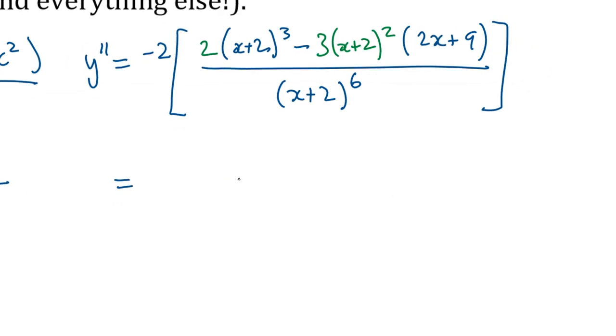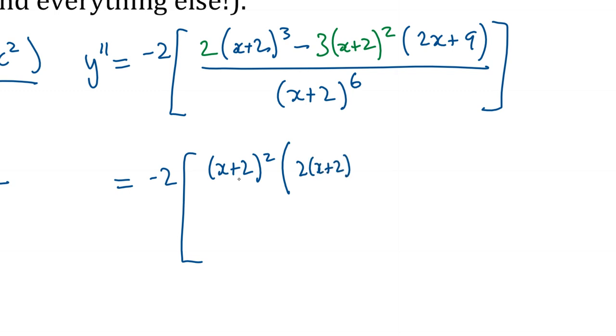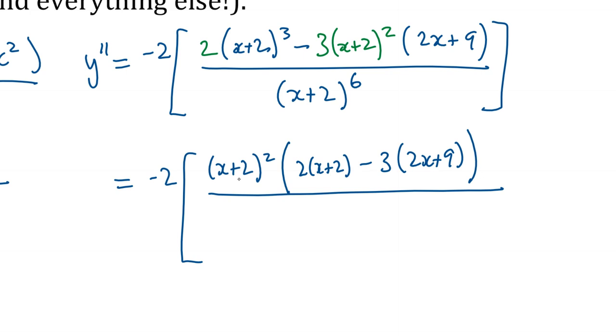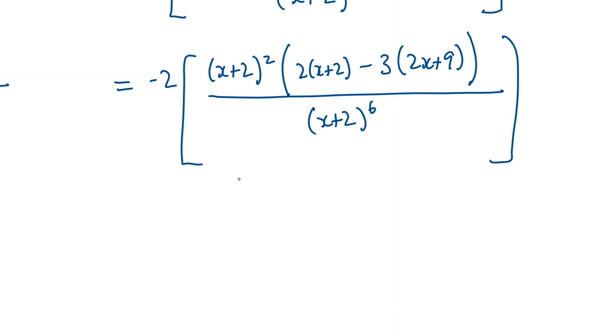So all I can factor out is x plus 2 squared. I'll apply that negative back in, that negative 2.